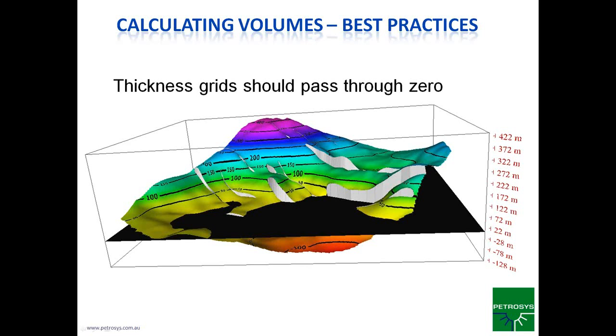But you'll have the exact same problem at the edges if you do that. You want those grids to extend into negative space so that we can interpolate at the edges and interpolate through the zero line. If you don't do that, you will not be able to get volumes calculated around the edges.